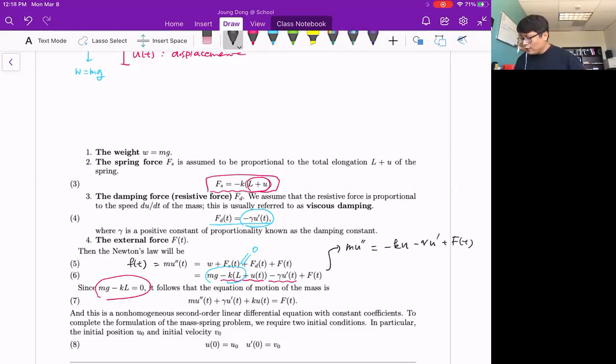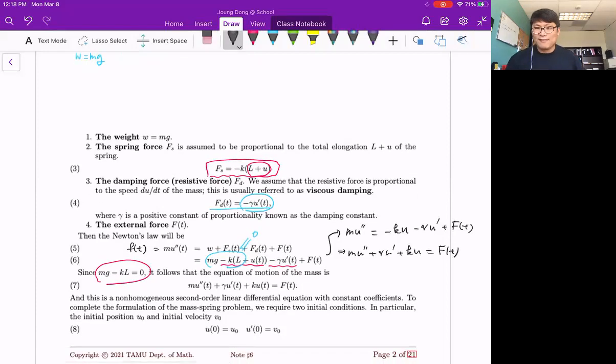And when I move everything to the left-hand side except F of t, then you have m u double prime plus gamma u prime plus k u is equal to F of t.